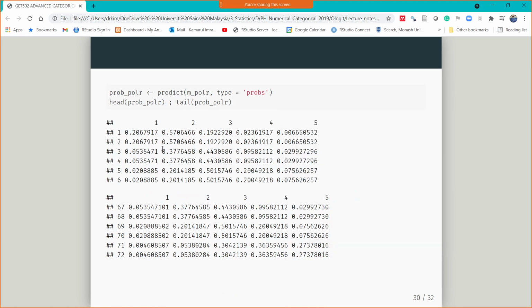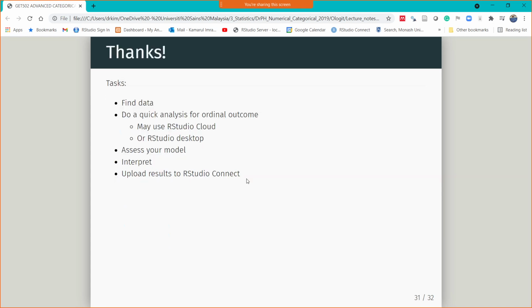And if you use predict for an object that comes from polr, you must specify the argument type, which is probs. So you get the same probability for the outcome.